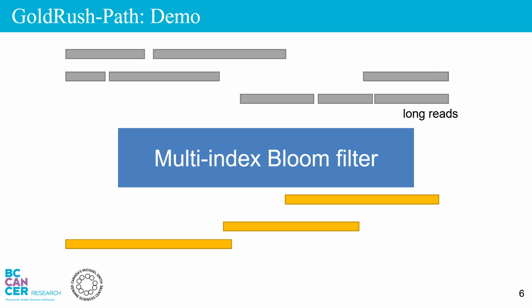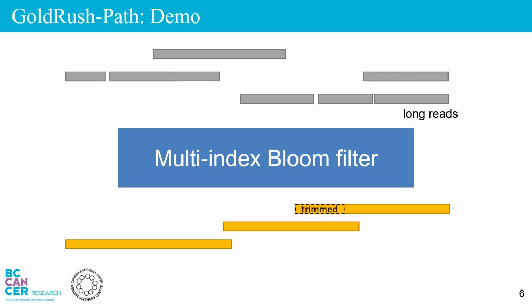Finally, for the third read, we also add it to the golden path, but because there's a substantial overlap, we trim it. For the subsequent reads, all of them are found in the golden path, so they are not added to the golden path. After iterating through all of the reads, what is inserted into the multi-index Bloom filter is the golden path.